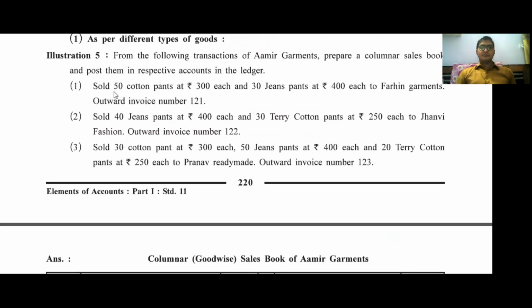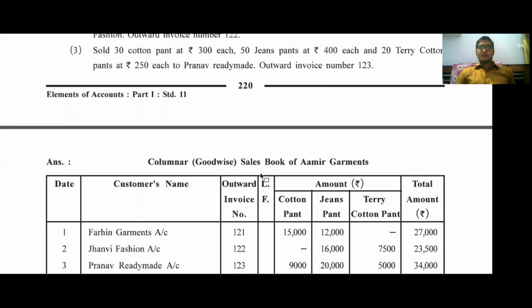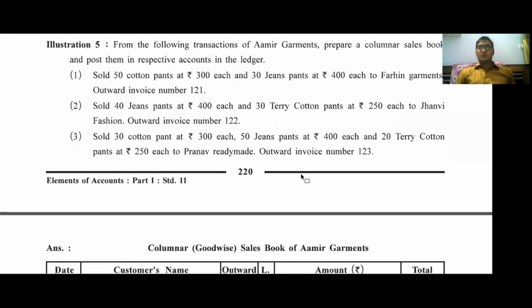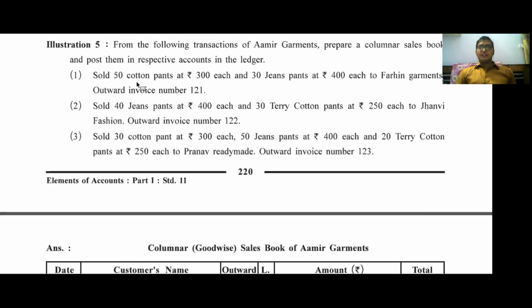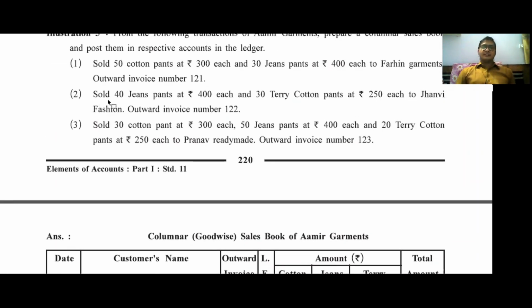So 50 into 300, total cotton pant is 15,000, and 30 into 400, total jeans pant is 12,000. There are no details regarding terry cotton pant, so it is a dash, and the total of these two is 27,000. Got it? Very simple.